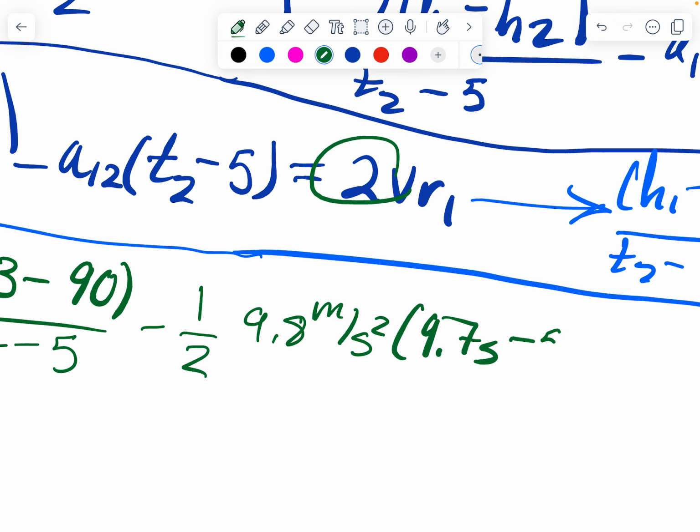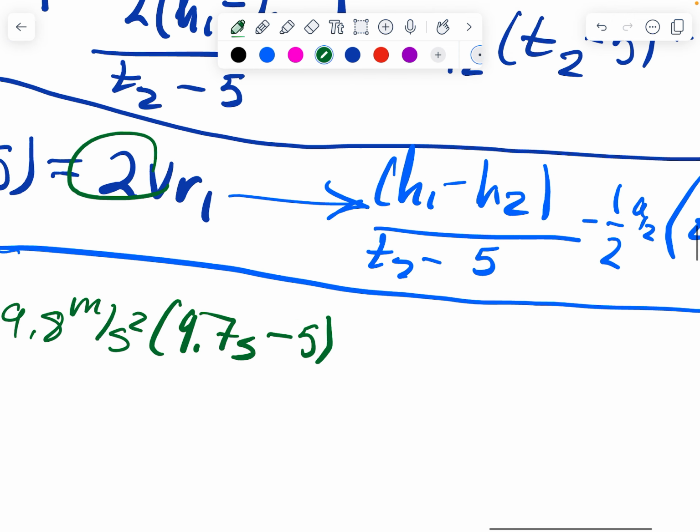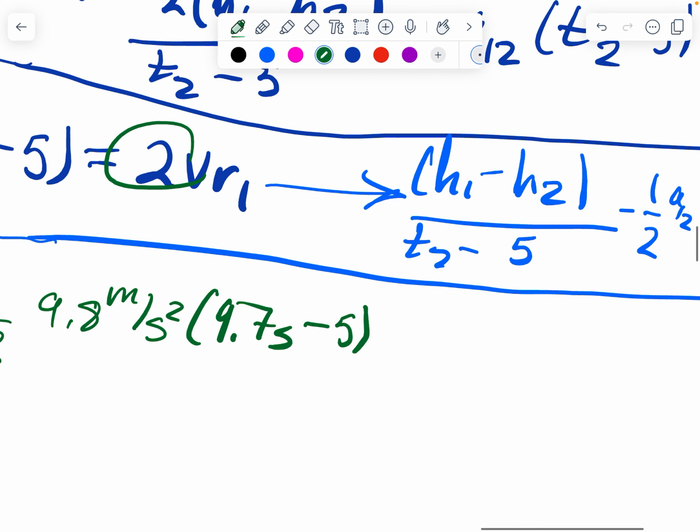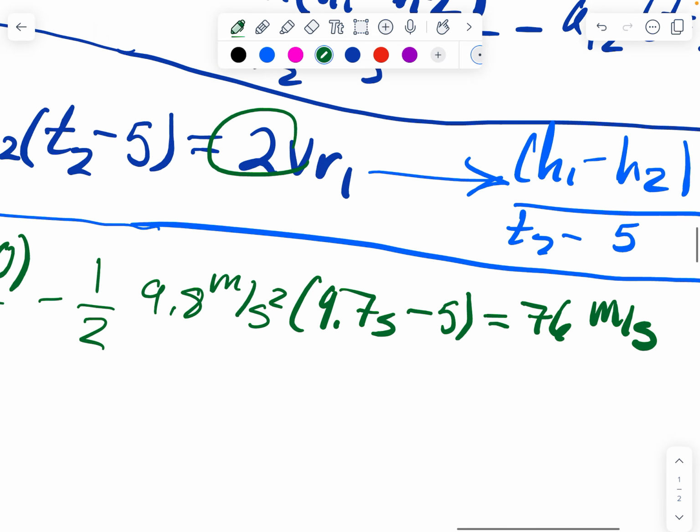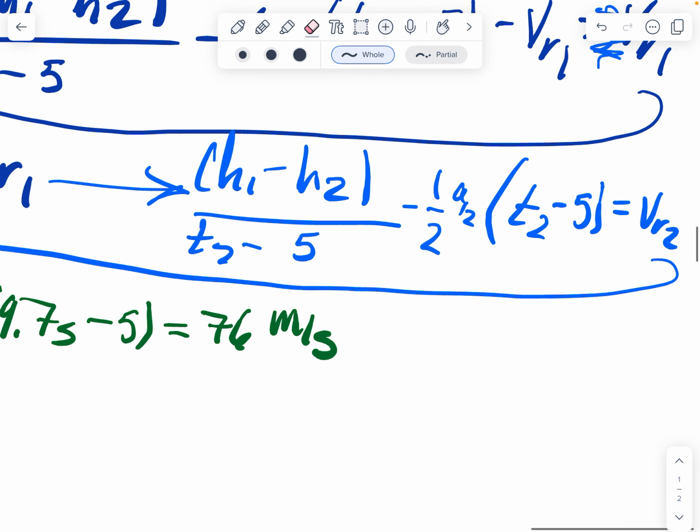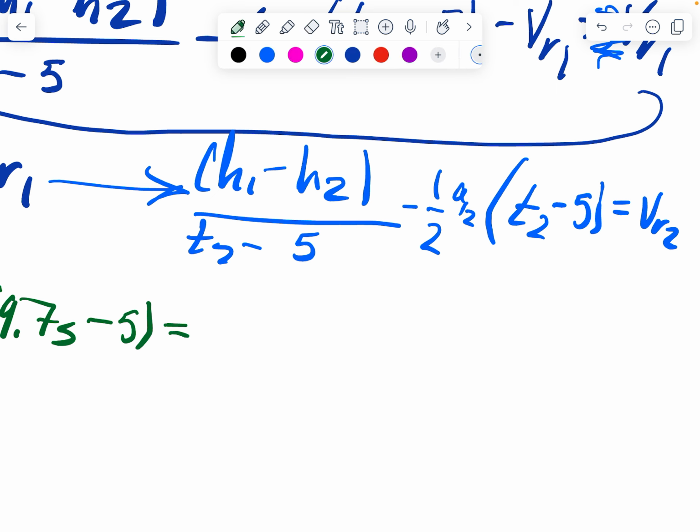Last of all, this equals 76 meters per second. Look at that, pretty awesome. Plugged into the calculator. Let me write that in red.